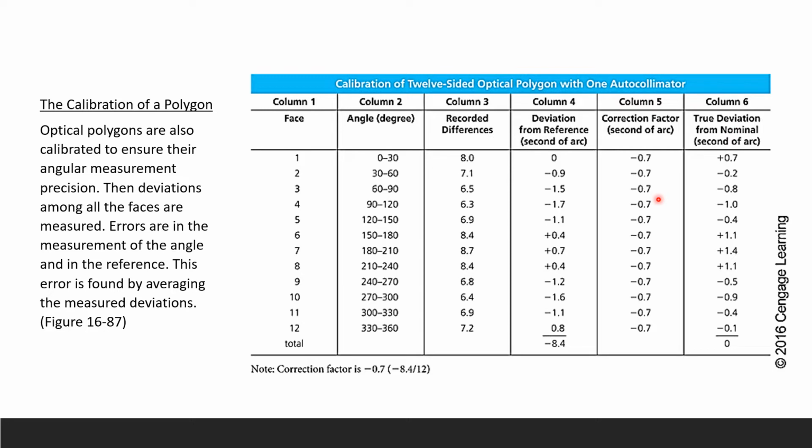So how do we calculate it? It's just this minus that. That's it. I'm going to write this down for you. We have column 4 minus the 0.7.